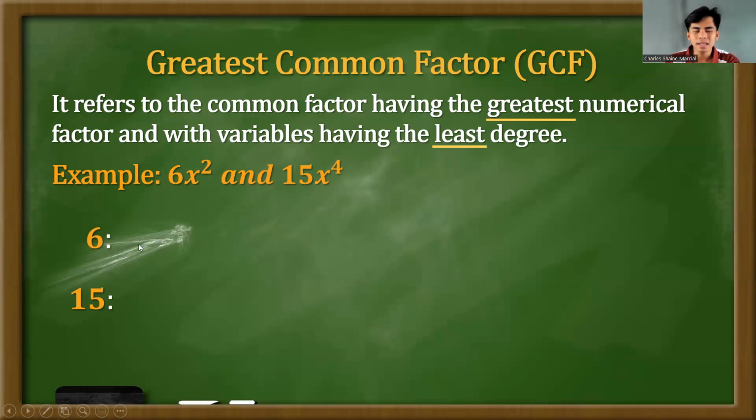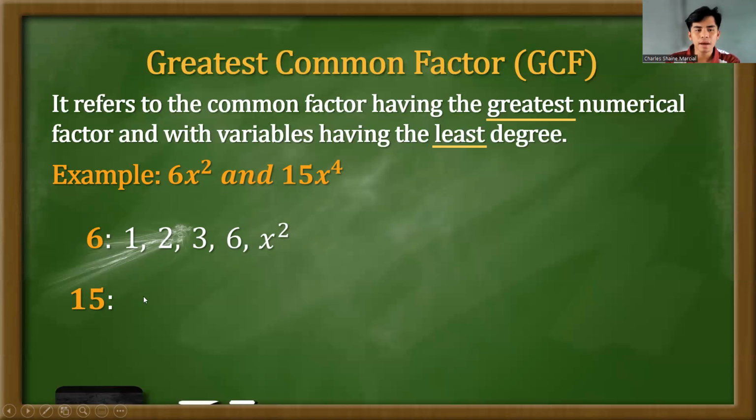Ang unang gagawin natin is maglilista tayo ng mga numbers na pwede nating i-multiply to get 6. So, we have 1, 2, 3, and the number itself, 6. Yan yung mga factors ng 6. And of course, isasama natin yung x squared, kasi 6x squared yung hinahanap na GCF.